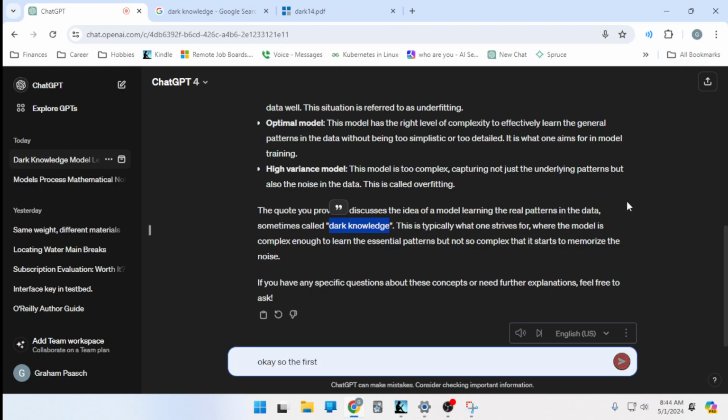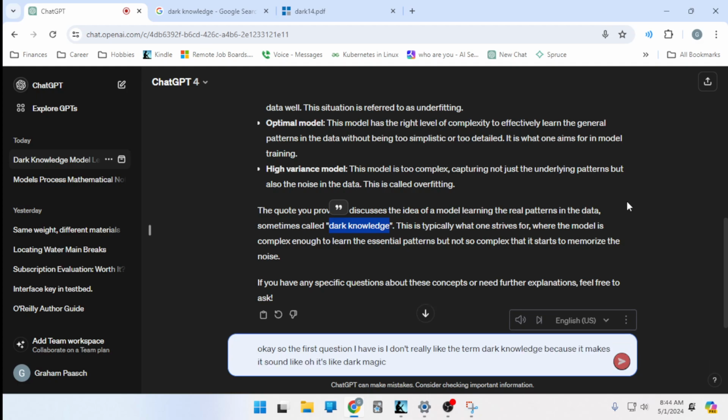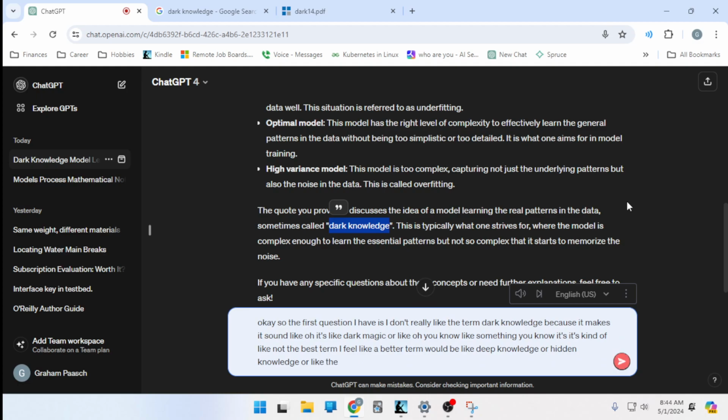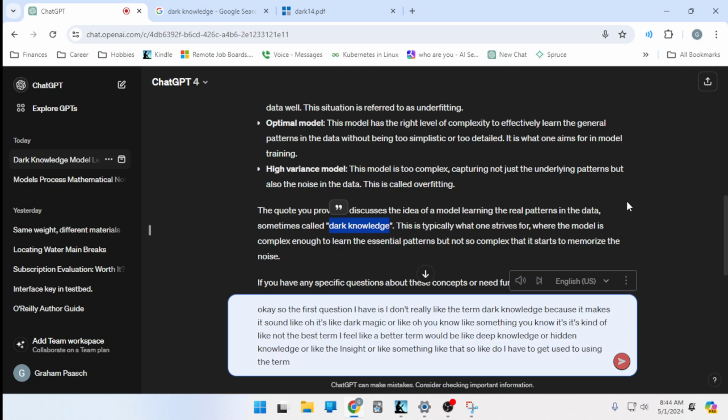Okay, so the first question I have is, I don't really like that term dark knowledge because it makes it sound like dark magic. It's not the best term. I feel like a better term would be deep knowledge or hidden knowledge, or the insight, something like that. So do I have to get used to using the term dark knowledge regardless?